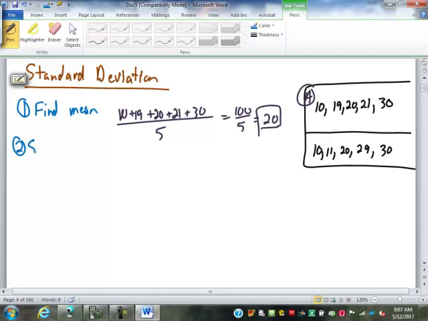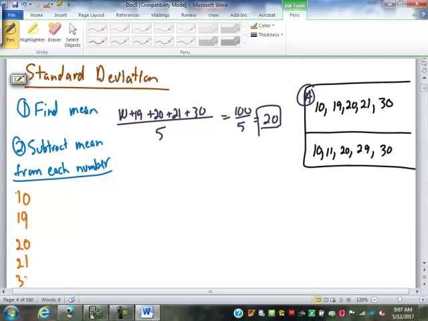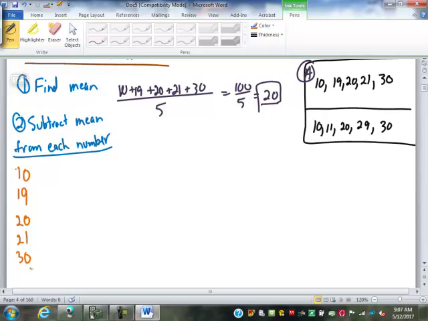Step 2, we're going to subtract the mean from each number. So I'm going to list my numbers here, 10, 19, 20, 21, and 30. And I'm now going to subtract my mean from each.